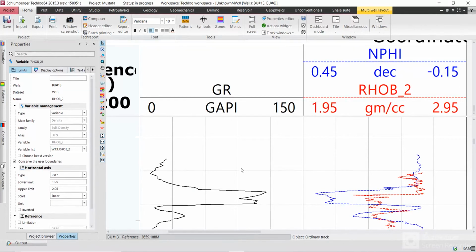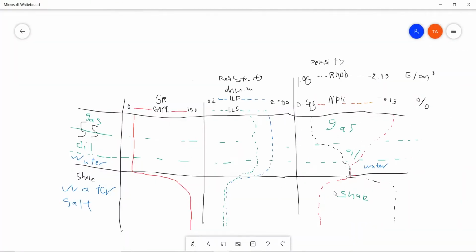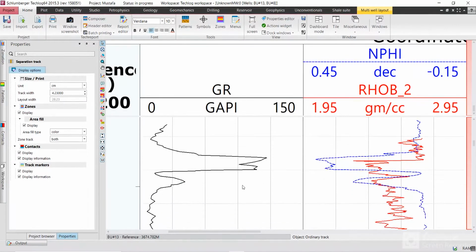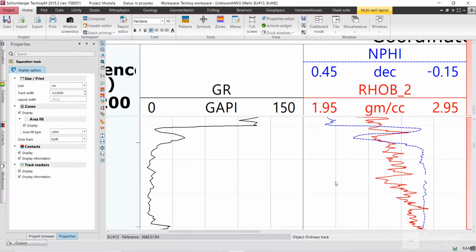So when we have shale, the response of rho b will be high, as you can see here in the red curve, and the response of neutron will be high too, as you can see here. So it means we have shale. And if we go down, the gamma ray response will be lower than this. So it means we have sand right here.